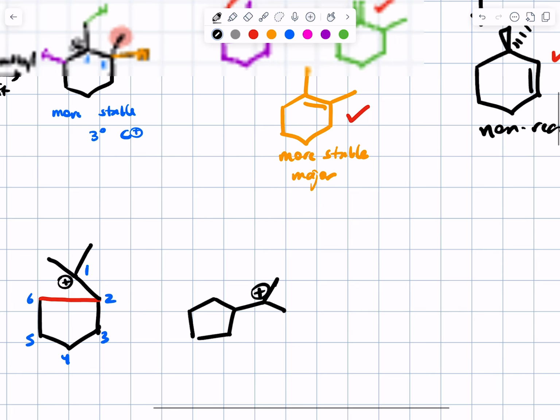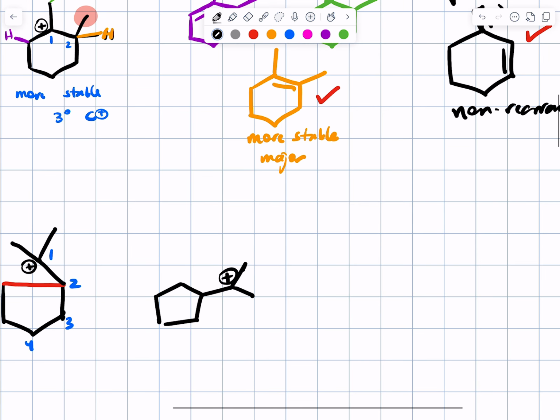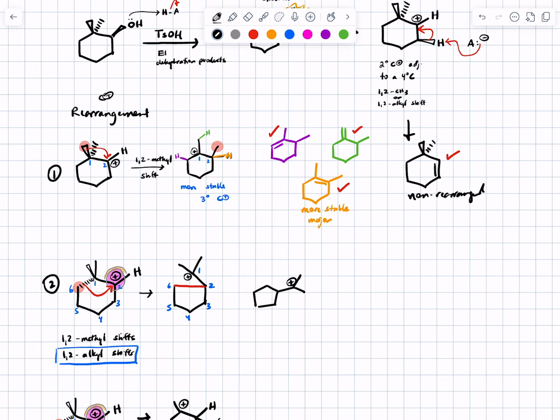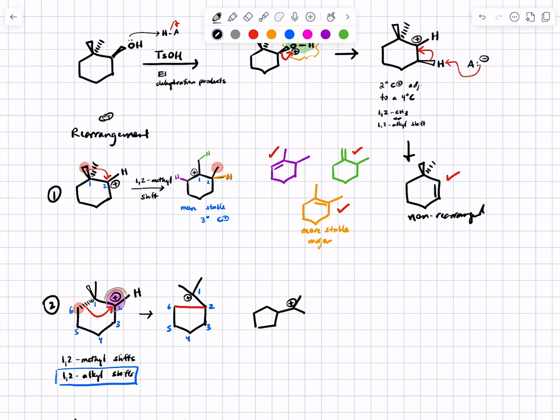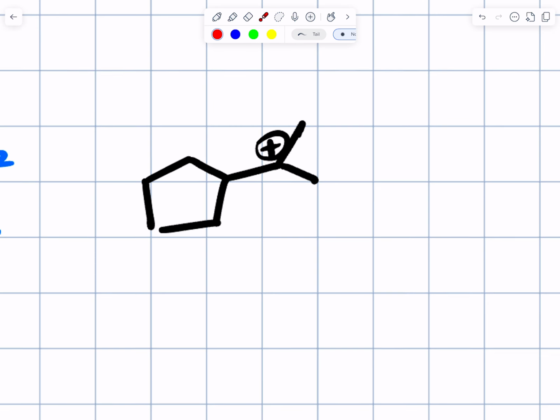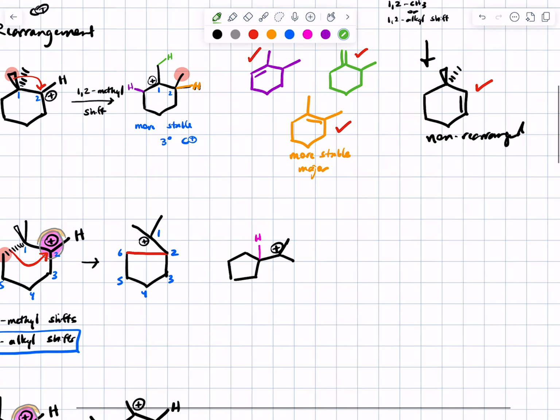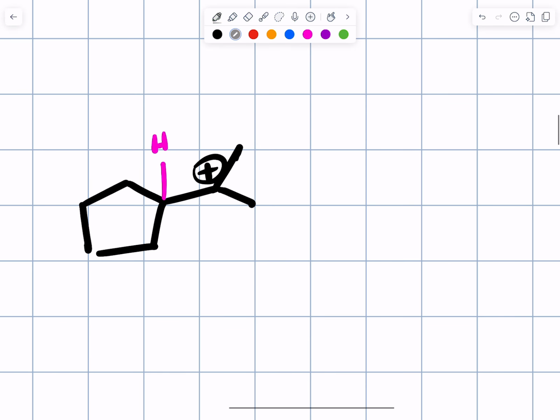Now, once you get to that rearranged carbocation, since the conditions were alcohol dehydration conditions, you need to consider the elimination products that could come from any of the protons that are beta to the positive charge.